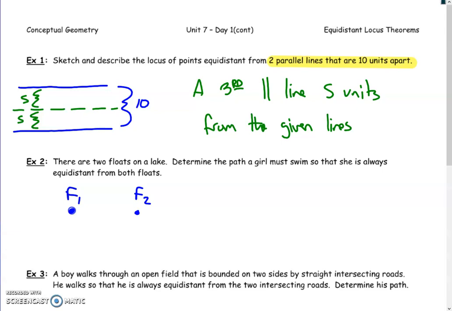And then the path the girl must swim, so that she's always equidistant, remember, is a perpendicular bisector. So you sketch a path that would be perpendicular to the path between F1 and F2, and exactly halfway between. So now how do we describe it? You would say something like the perpendicular bisector. Now technically it would be the perpendicular bisector of segment F1, F2, but I'm fine if you just say perpendicular bisector.